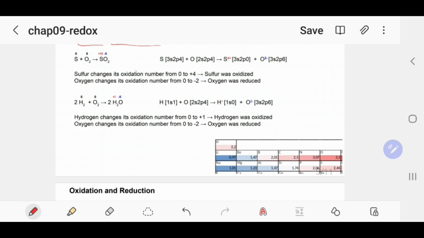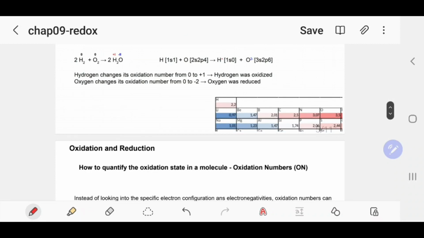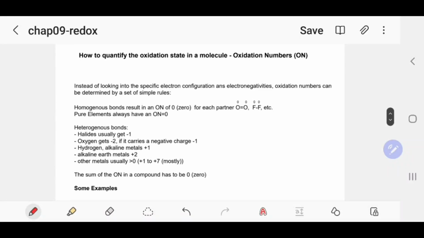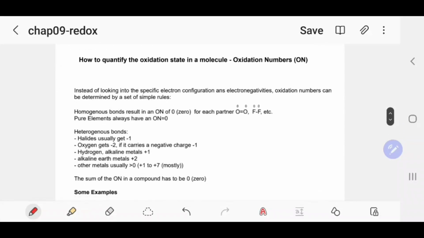And therefore sulfur has changed its oxidation number from 0 to +4. So it was oxidized because the oxidation number has increased. The oxygen changes oxidation number from 0 to -2. So the number was reduced, and therefore oxygen was reduced. And the same for the reaction of water, where the hydrogen was oxidized and the oxygen was reduced.